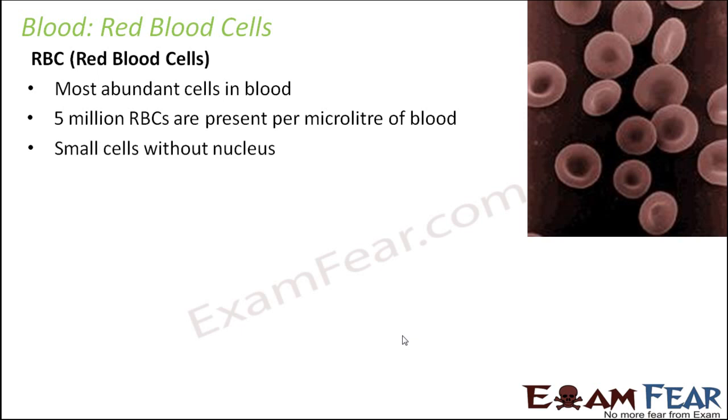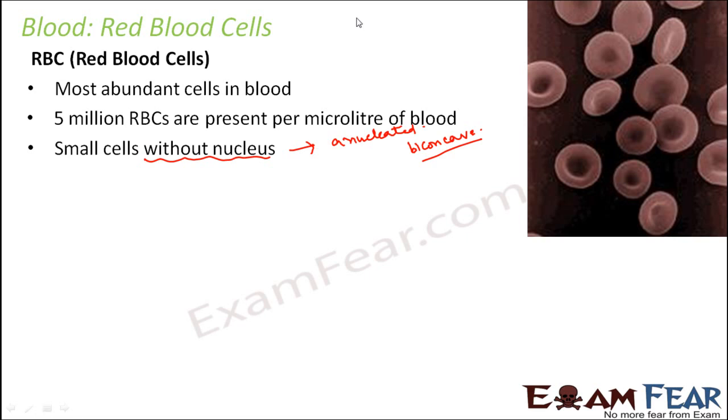These are small cells without nucleus, so that is an important point to be noted here, that these are anucleated cells. That is, they do not have a nucleus. And also, if you talk about their shape, they are biconcave in shape. Now, what do we mean by biconcave shape? How can a cell have a biconcave shape? You remember we spoke about the mirrors in our physics, like concave mirror, convex mirror.